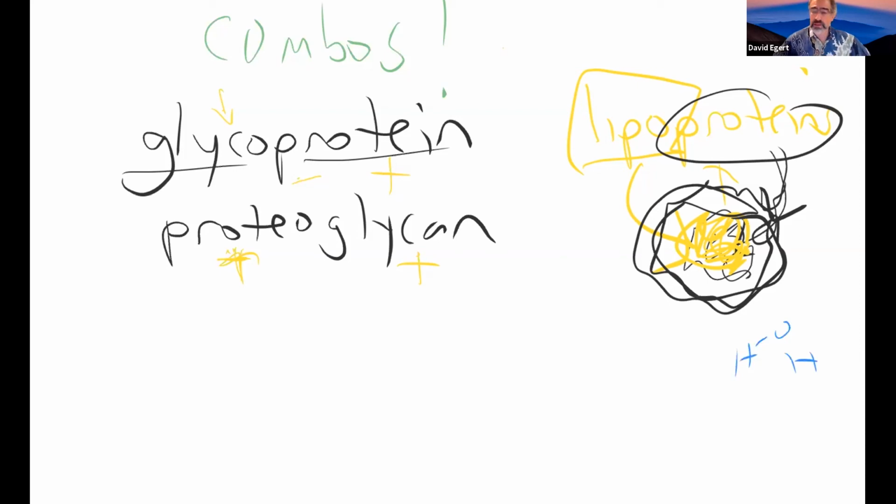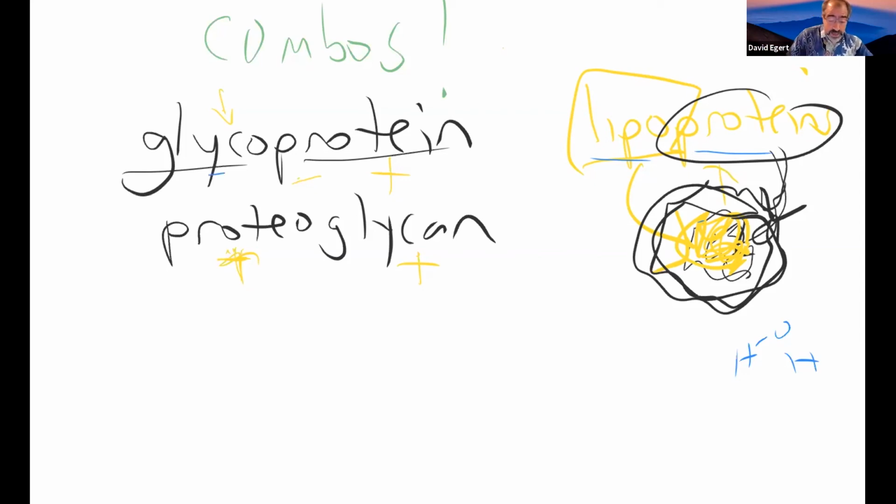So this is going to be the way we transport fats around in the bloodstream, by making a lipoprotein. The lipid is kind of stored inside the core. The protein makes the casing around, which is actually polar and dissolves in the water. Depending on the ratio of lipid to protein, you can have high density lipoproteins, low density lipoproteins, HDLs, LDLs. We'll talk more about those when we get further on in the class.